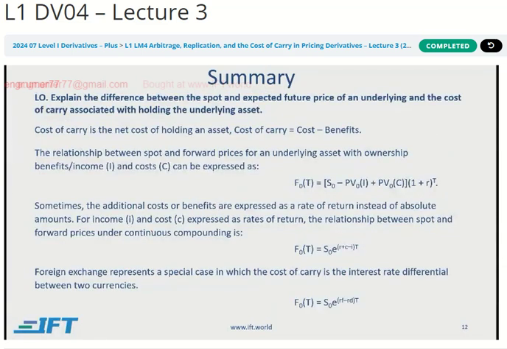Now, the second learning outcome for this learning module is that the difference between the spot and the expected future price has to reflect not only the cost of carry, which includes the opportunity cost, but there could be other costs of carry such as cost of storage, and there could be some benefits of holding the underlying asset.